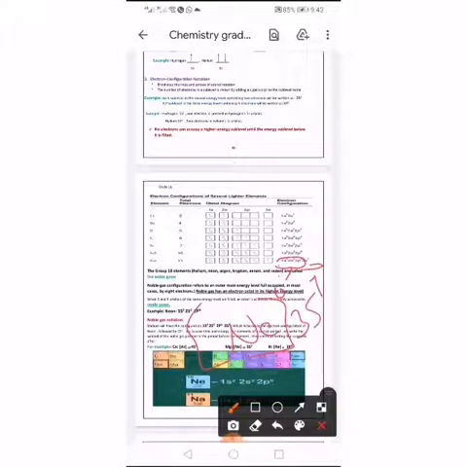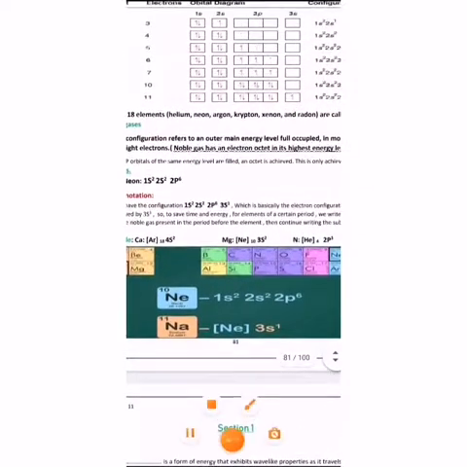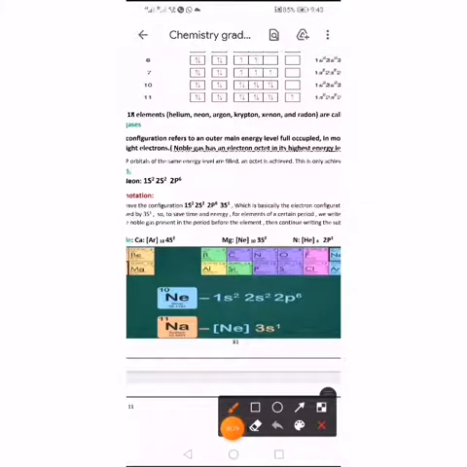So this is the electron configuration for sodium. Neon has atomic number 10, while sodium has atomic number 11. So 10 plus 1 equals 11, which is sodium.